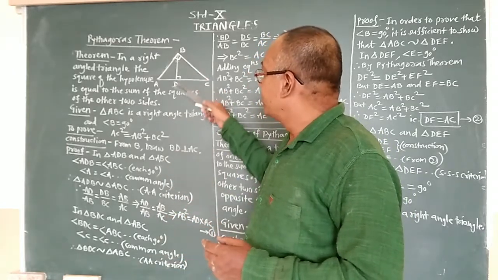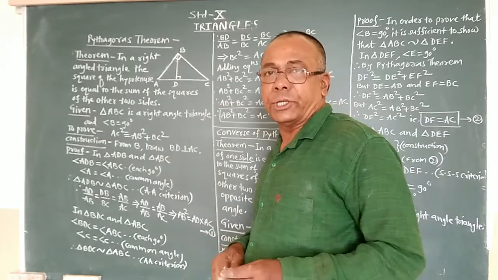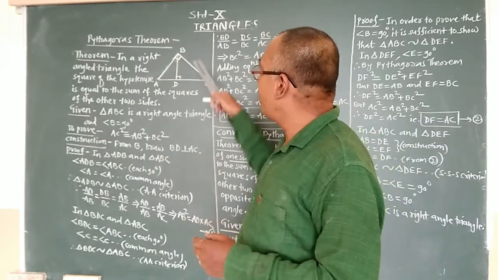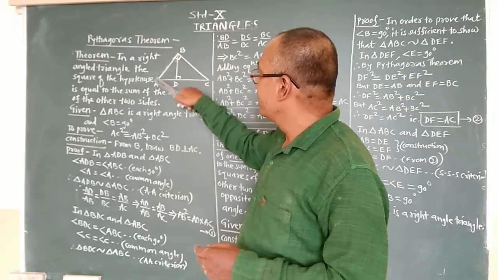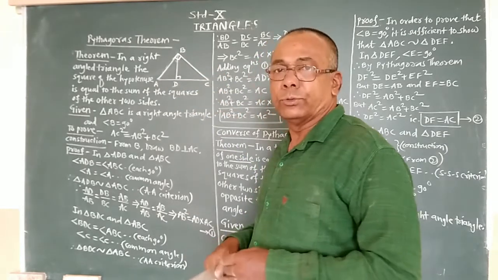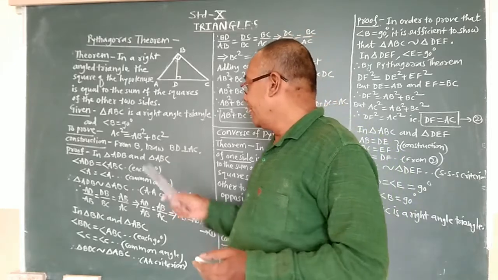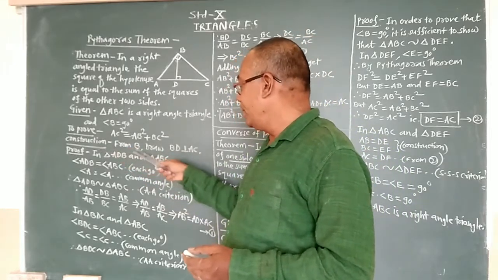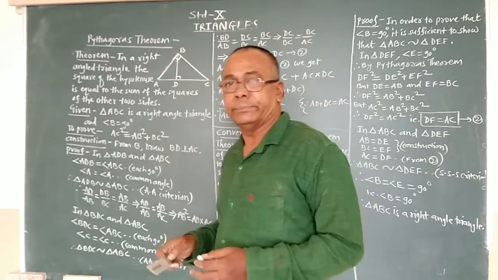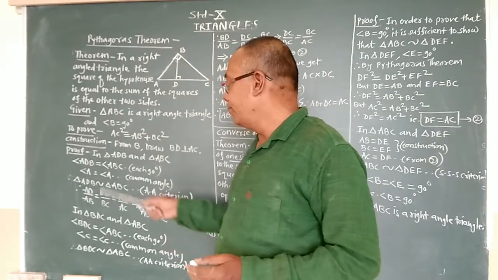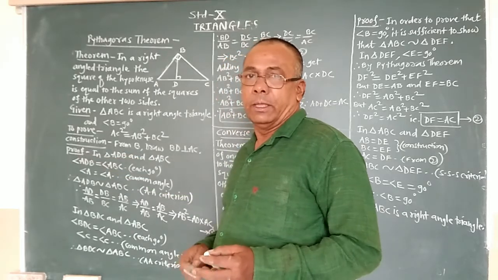Here is the construction: from point B draw perpendicular BD to side AC. Now we will see the proof.